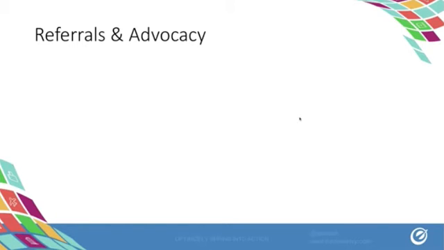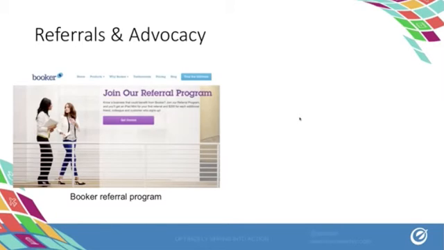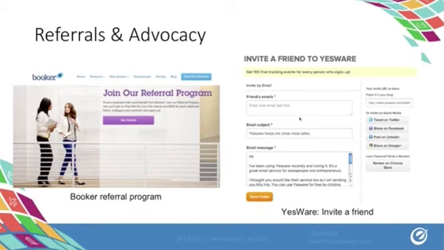So there are several ways you could go about doing that, assuming you can target those customers. It can be as simple as "learn about our referral program," as you see in the Booker example, or you can get more complex with it, where in this example, we'll actually fill out the email for you, making it really easy to invite someone to their platform.